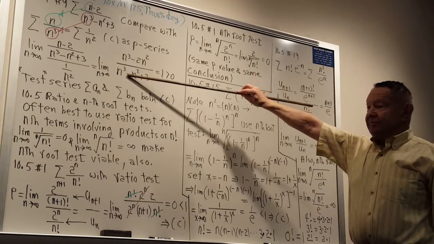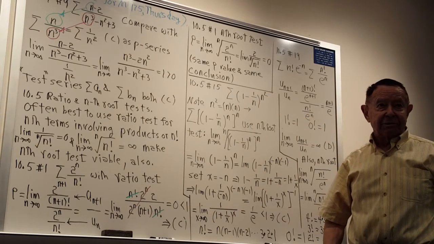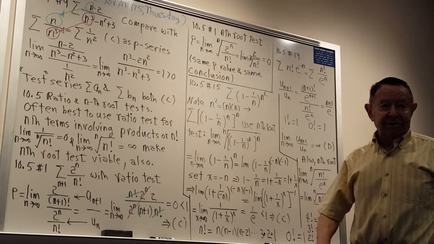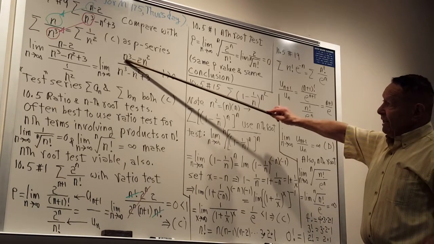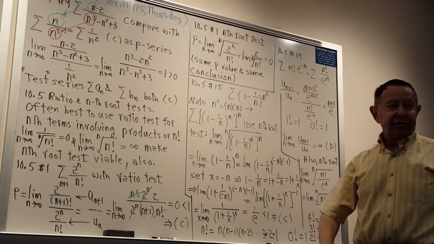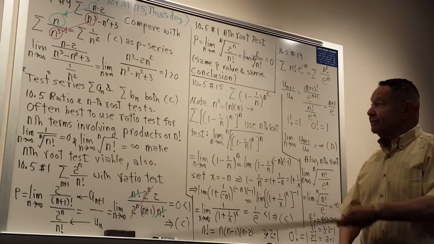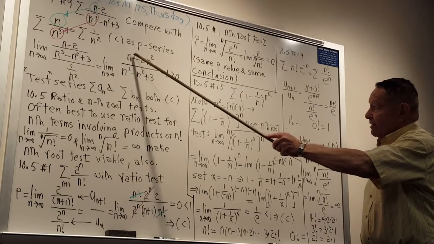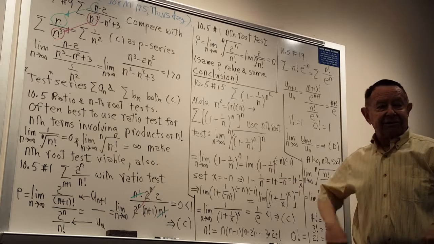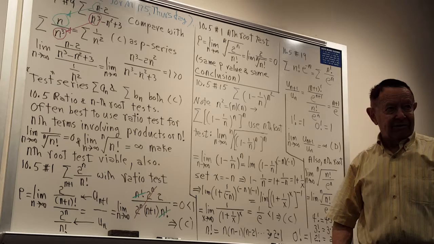How do I know this limit is 1? Well, you could replace the n with x and use L'Hopital's rule and do the derivatives until you get down to constants. Or you could divide by n cubed. This is Math 143, Math 147, how to do rational functions. Divide everything by the highest power in the denominator, and then use the fact that 1 over x, 1 over x squared, and so on all go to 0.